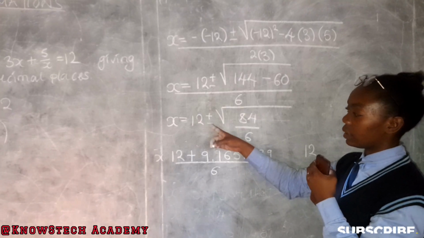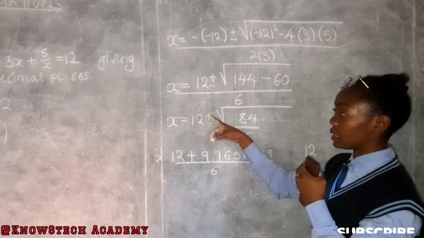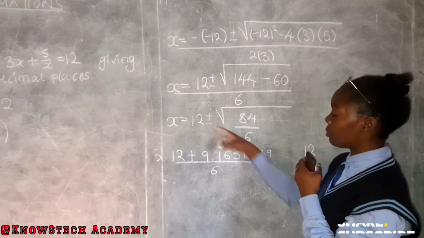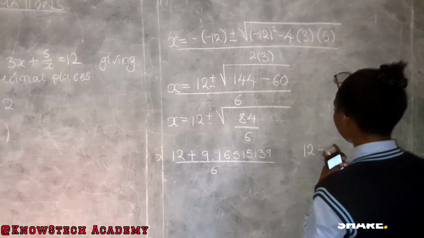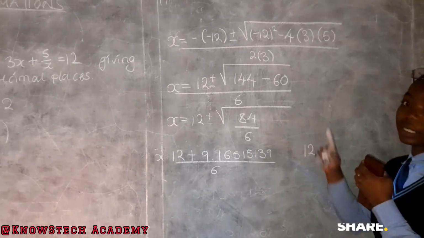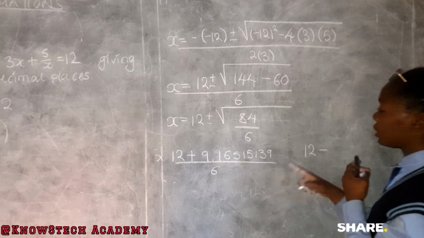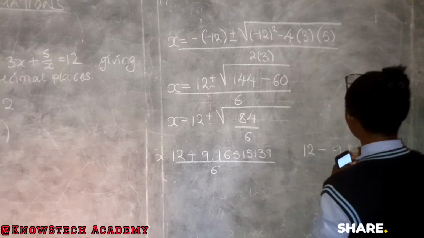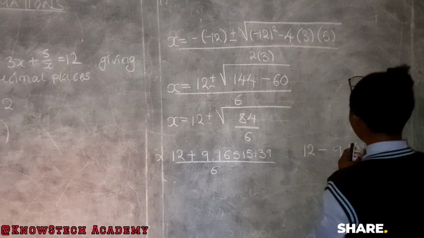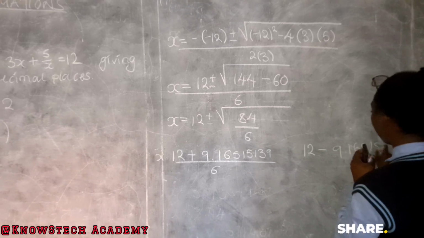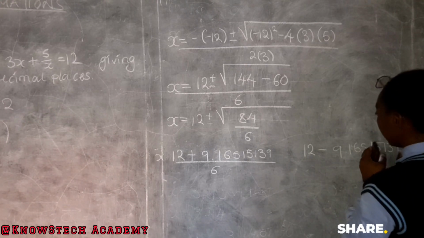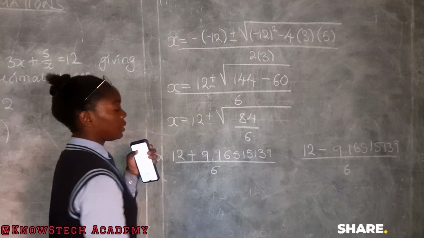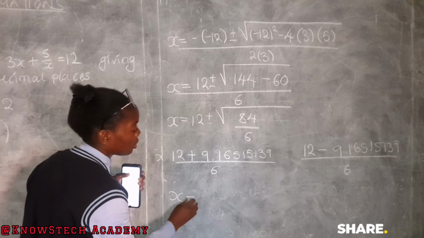Remember, first we started with the plus on top, which is the one here. Then we're now going to use our minus, so it's going to be 12 minus the square root of 84, which we already found to be 9.16515139. So we're going to write it down: 9.16515139 over 6.